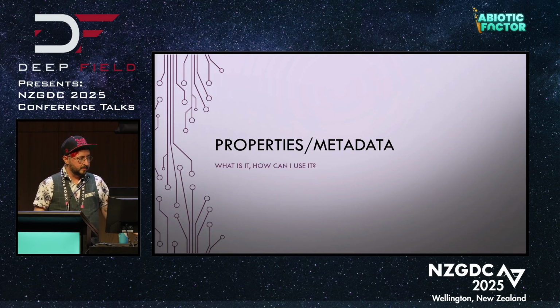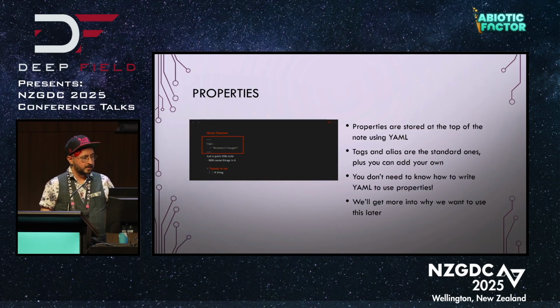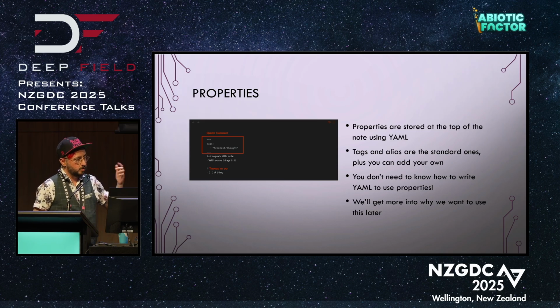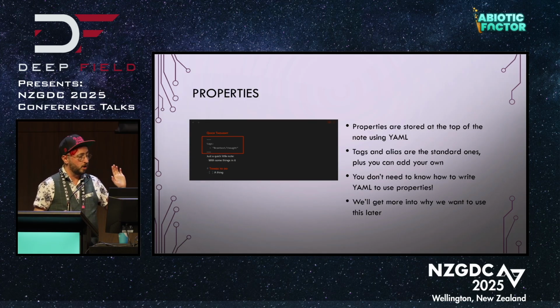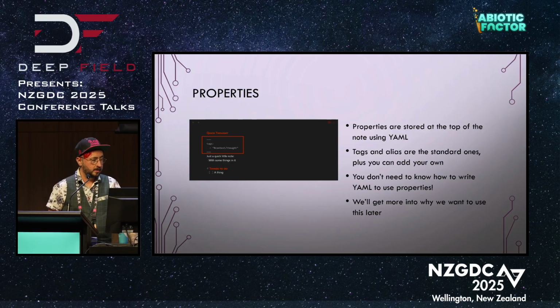Properties, metadata. So properties are stored at the top of the note using YAML. Tags and alias are the standard ones that come predefined, but you can add however many of your own you want, whatever makes sense for you.